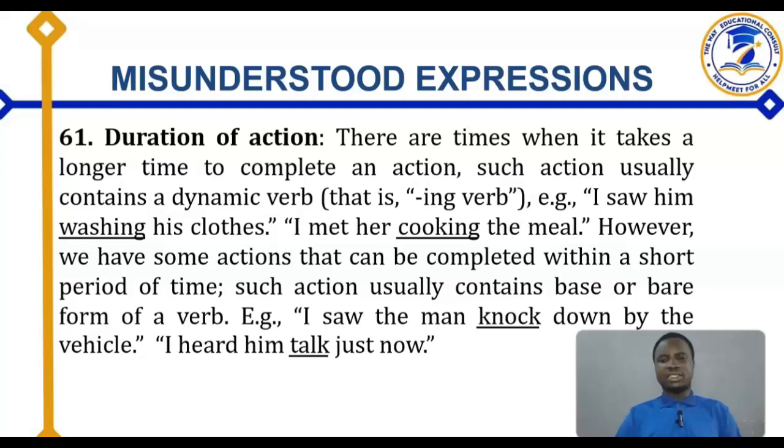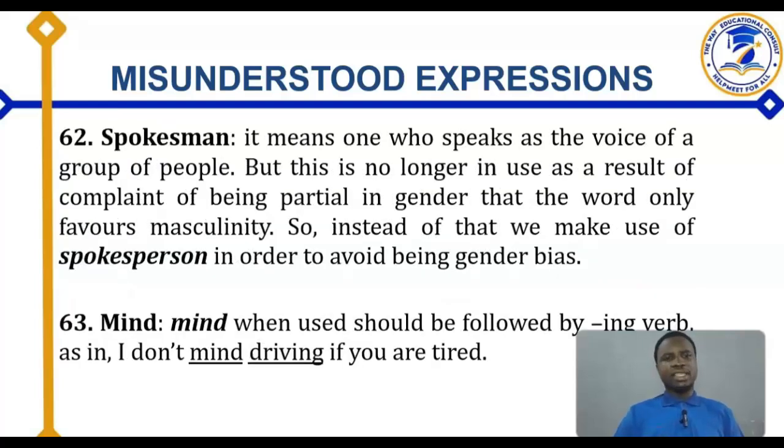To jump the fence does not take much time, so we call it verb lifespan. Are we together? I heard him talk just now. Maybe the person just talked briefly, and you hear the person's voice, and the person stopped talking. I heard him talk just now. Are we together? But if it is for a long period of time, that is when you use the ing form.